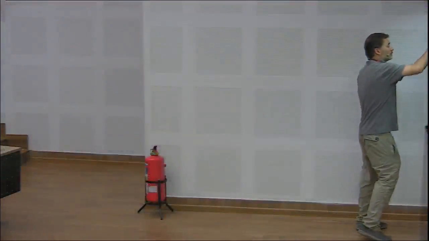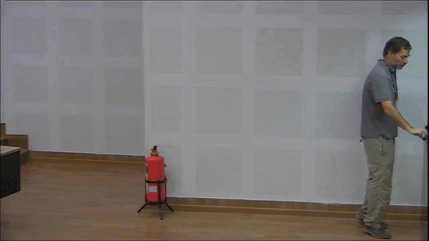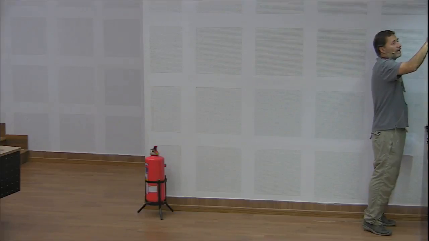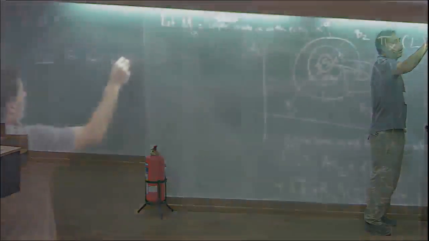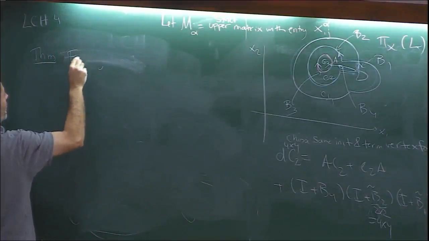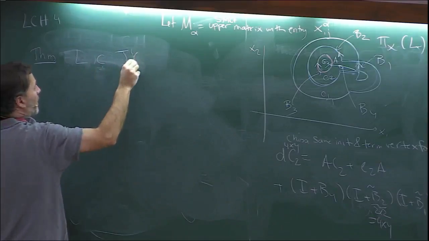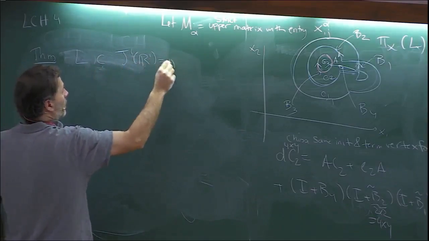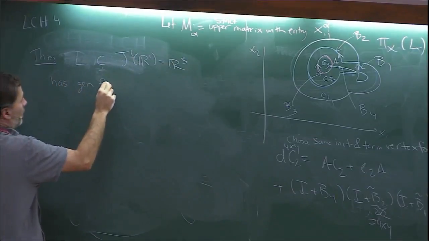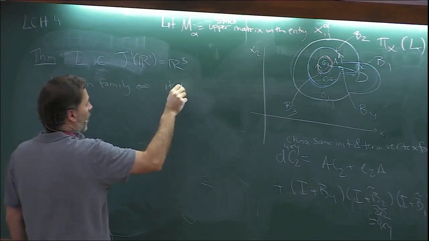So there's a theorem that for Legendrian knots, let's see, so L sitting inside the one jet space of R1 has a generating family if and only if its DGA has an augmentation.